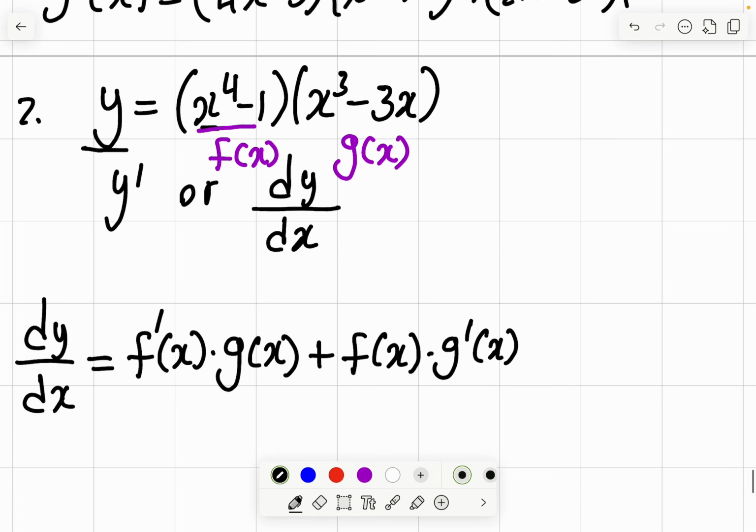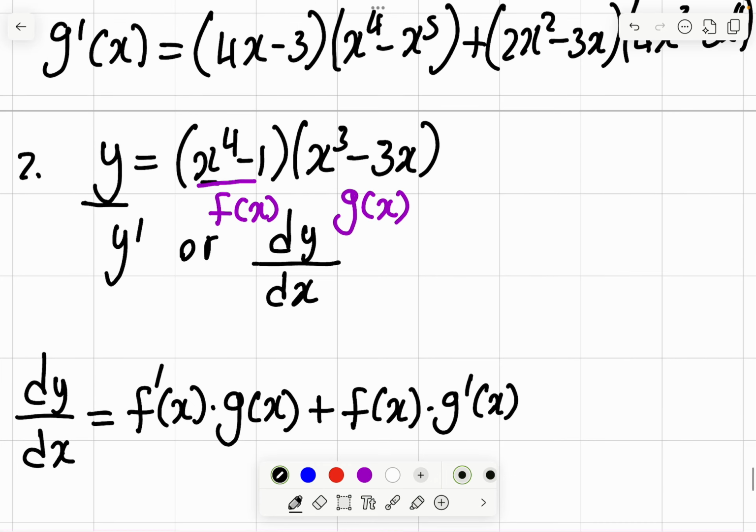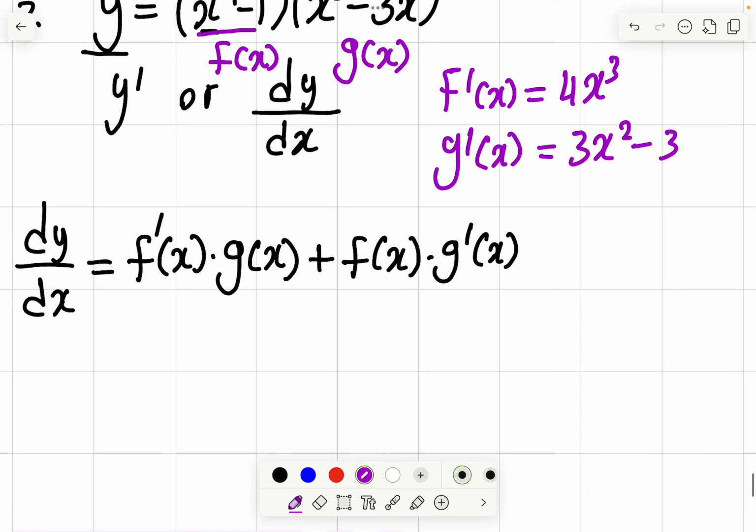So our f of x is that one. Let's find our f prime of x. F prime of x is going to be 4x cubed, then g prime of x is going to be 3x squared minus 3. This one, the derivative of this one. So let's substitute whatever we have there.